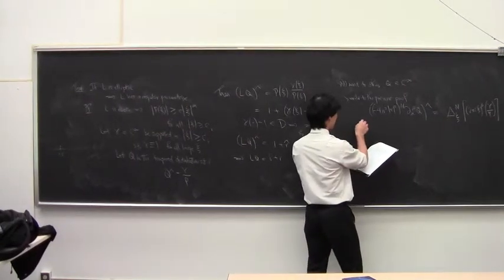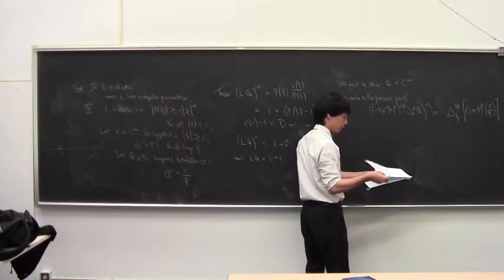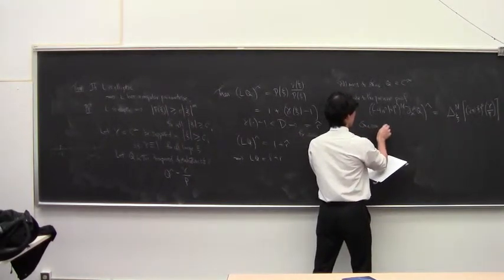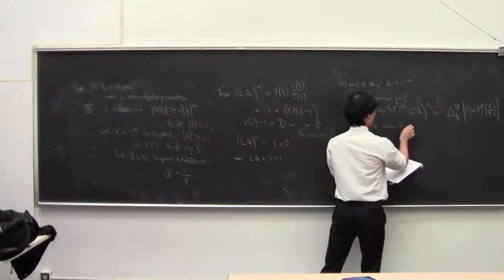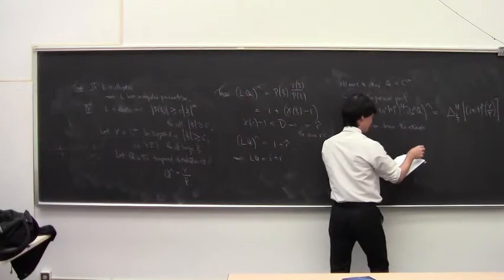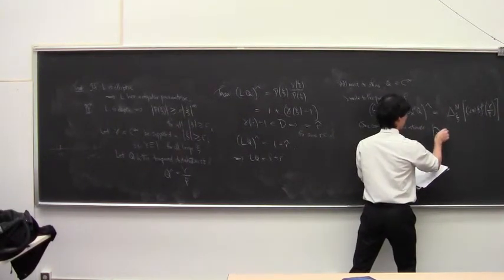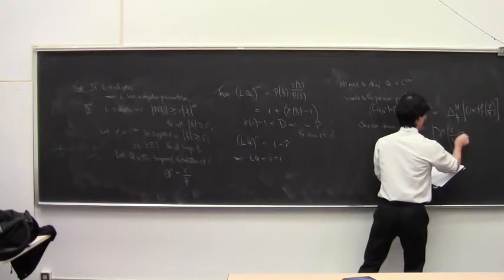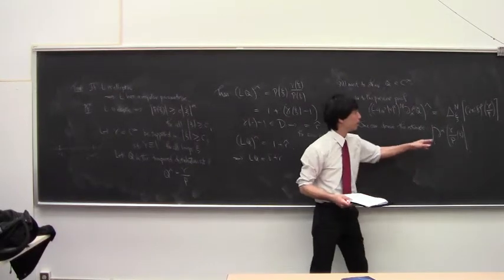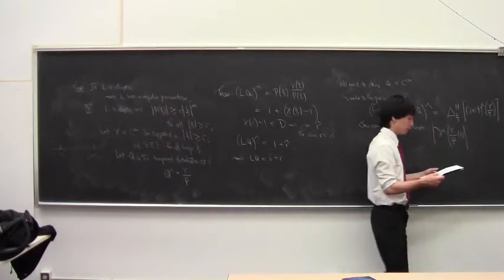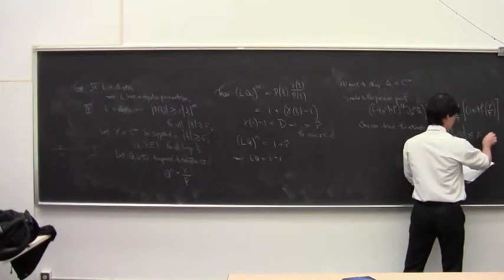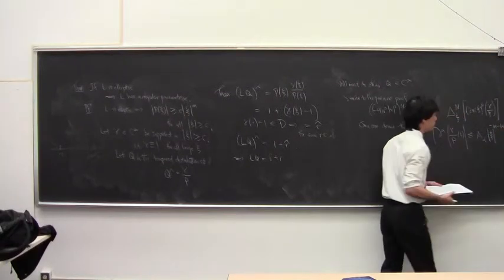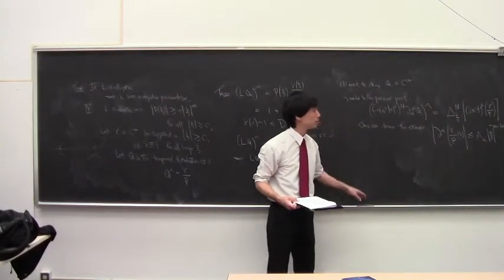Okay, so one can derive the estimate that if you take the alpha derivative of gamma over P, then it's controlled by some constant times C to the negative size of the index.